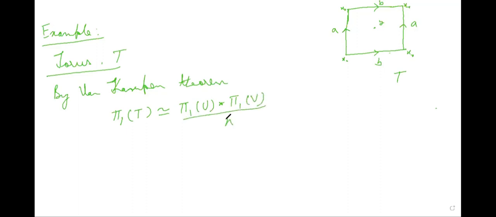Quotiented by N, right? So we know what is N. N is the normal subgroup generated by elements of the form i alpha beta omega, i alpha beta omega inverse.